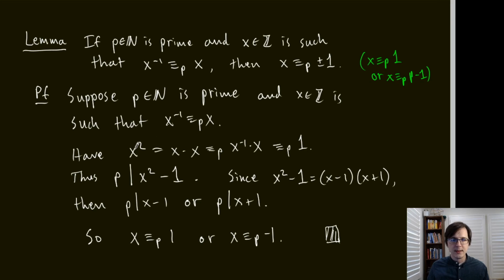So, using the definition of congruence, we have that p divides the difference of x squared and 1, and since x squared minus 1 factors as x minus 1 times x plus 1, and p is prime, by primality, p has to divide one of these two factors. Translating those back into congruence notation, x is congruent to 1 mod p, or x is congruent to minus 1 mod p. So that's exactly what we wanted to show.